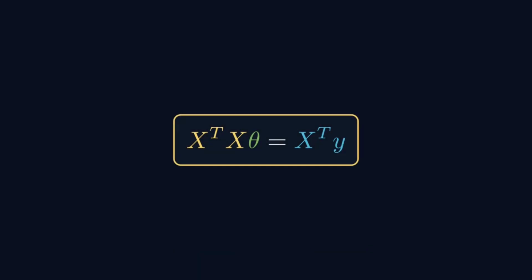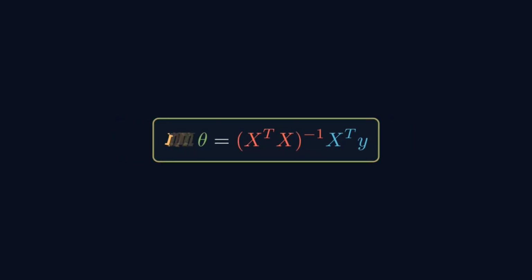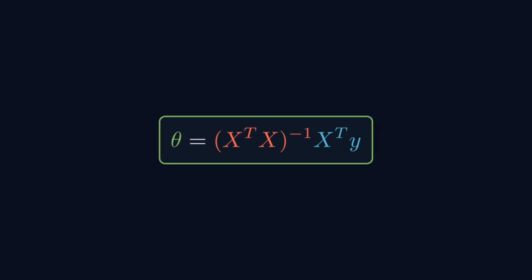Well, the same way we solve ordinary equations, carefully, step by step. If we want to get rid of x transpose x, we multiply both sides by its inverse. And something beautiful happens. On the left, x transpose x cancels itself out, just like multiplying a number by its reciprocal, leaving behind only theta.